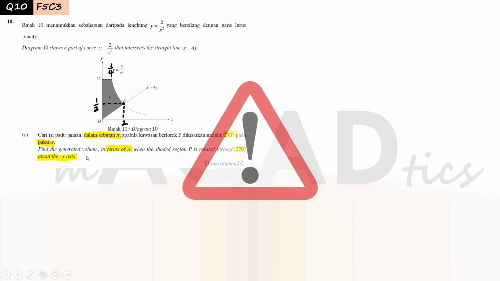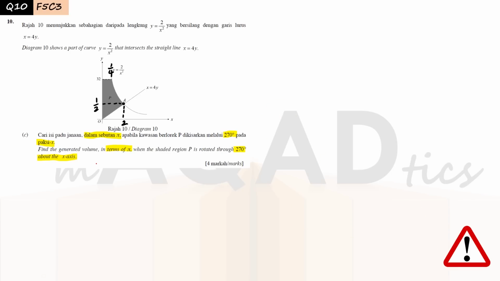Alright, so to find volume, usually I will take a step back. Instead of finding volume, I find the area of the shaded region P first, which we have already done in part B. We identified these three areas and then we found the area.